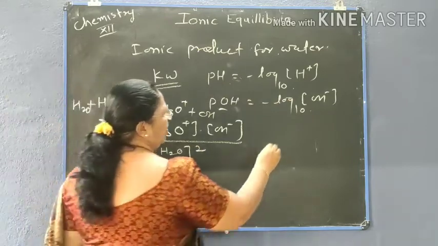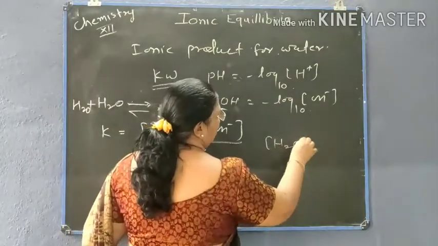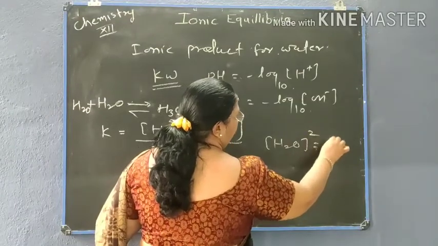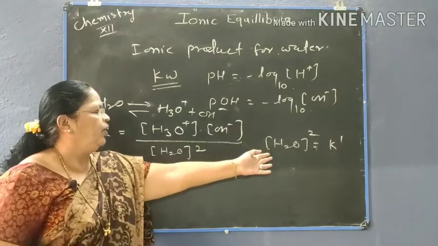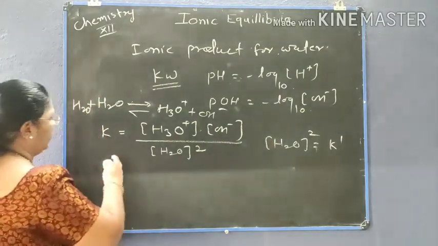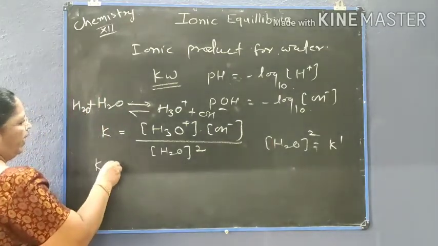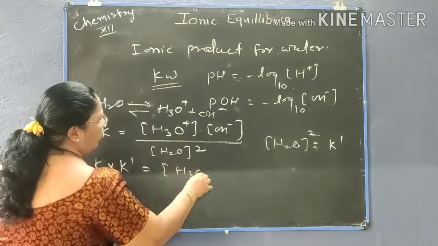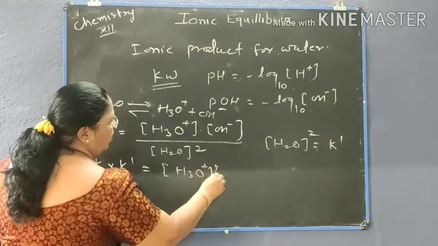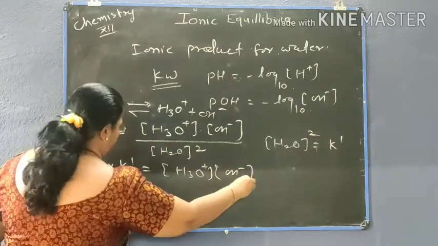You can consider the concentration of H2O squared as a constant K dash. Putting K dash in this equation, you get K times K dash, which is equal to the concentration of H3O plus times the concentration of OH minus.